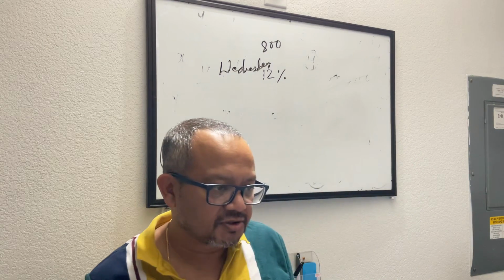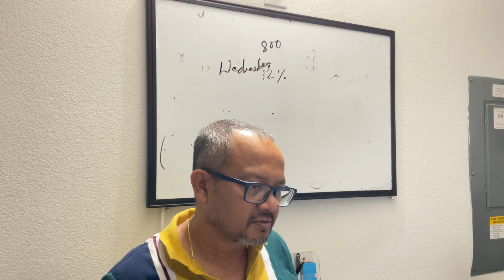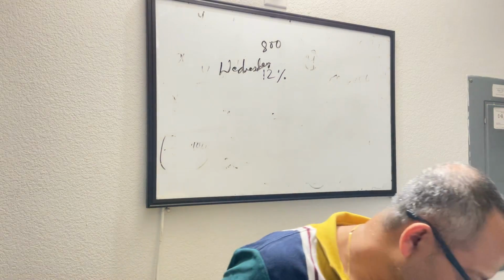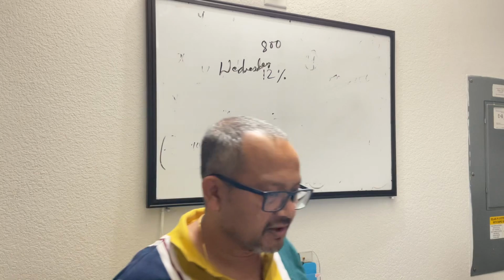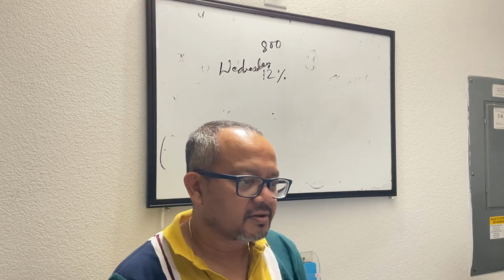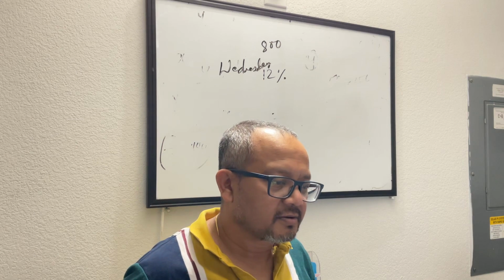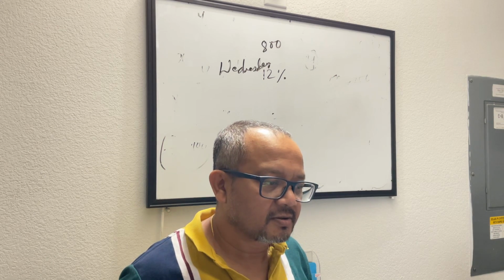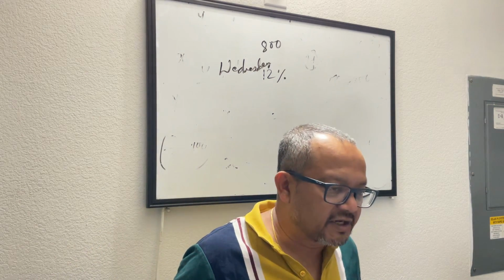How about Ayush? You want to know how many kids went on time? How many kids are leaving school on time on Wednesdays? 682. So I got two numbers, 702 and 682.